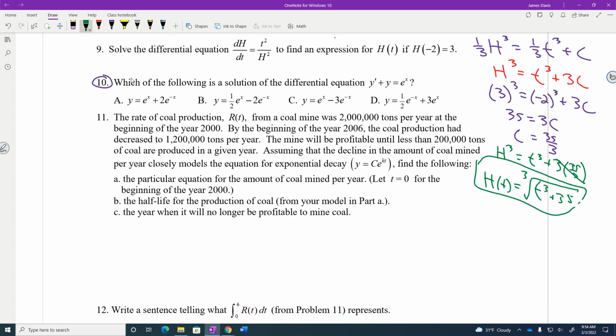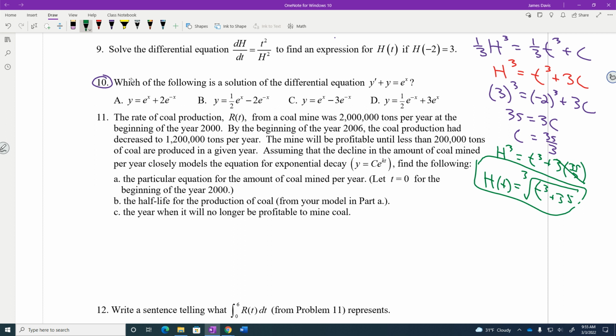Let's do this word problem, number 11 here. We have some half-life, we have some Ce to the kt, so this will be good. The rate of coal production, R of t, from a coal mine was 2 million tons per year at the beginning of the year 2000. By the beginning of the year 2006, the coal production had decreased to 1,200,000 tons per year.